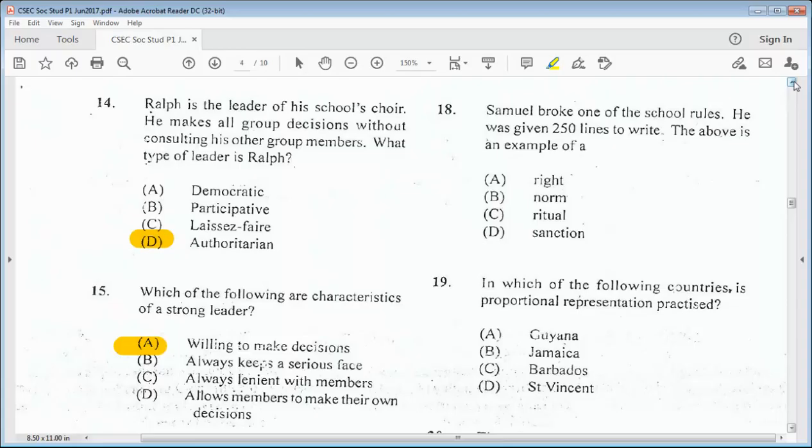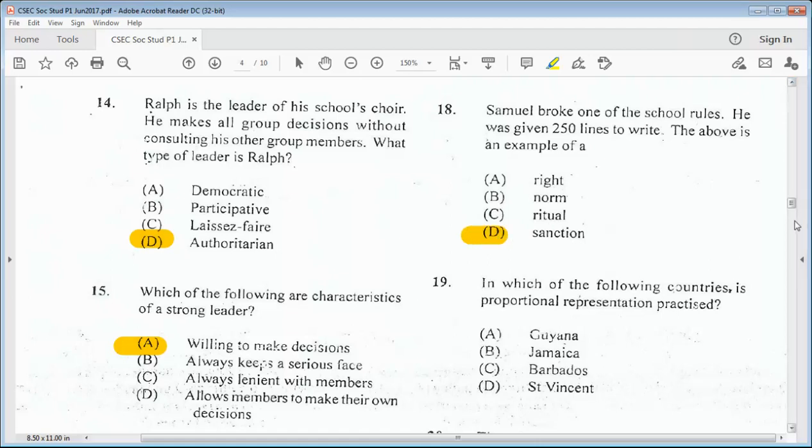Well, we know rituals are an action or ceremony performed in a customary way, for example, a religious ceremony. D, sanction. Well, we know sanctions are penalties for disobeying a rule or a law. So, therefore, if Samuel broke one of the school rules, there we have it. So we know that it would be D, sanction.